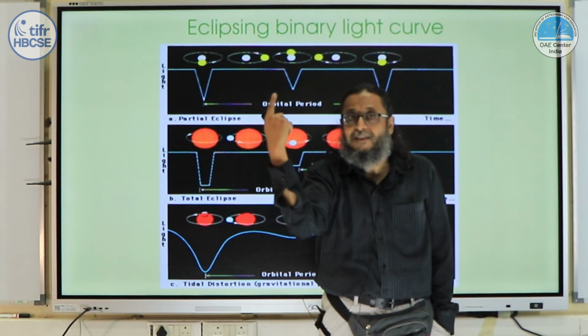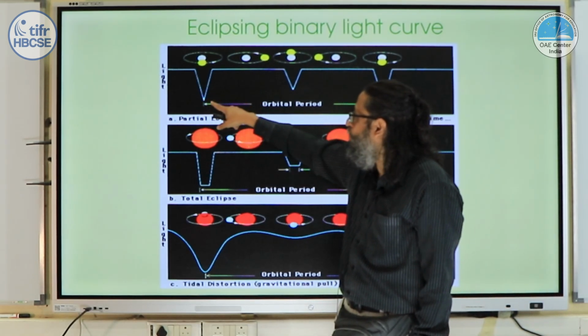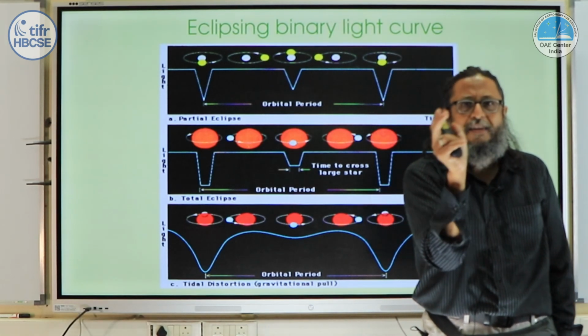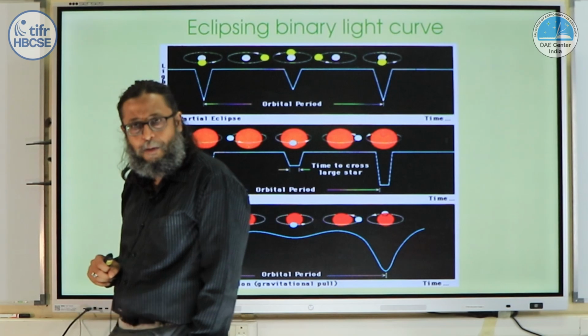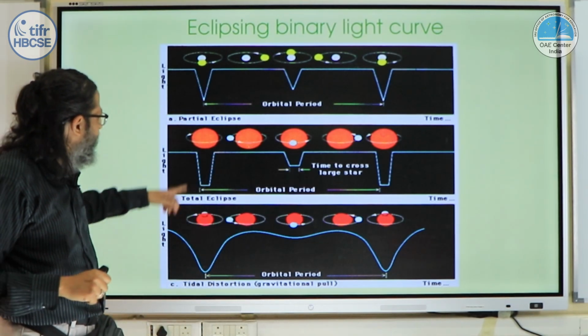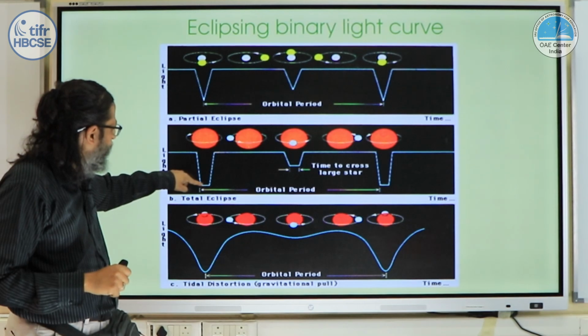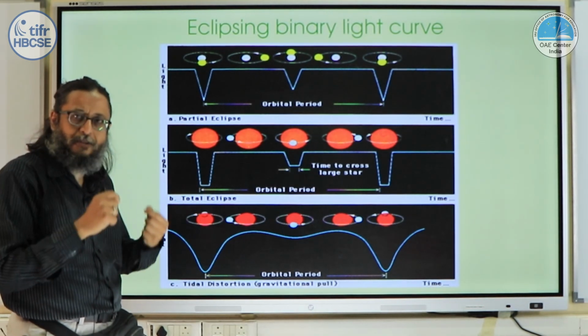Here, the less luminous star is behind. But because the second and third contacts are very close to each other, it's nearly a triangle, so the sizes are nearly the same. In this particular case, the sizes are different, and hence the points of second contact and third contact do not coincide.